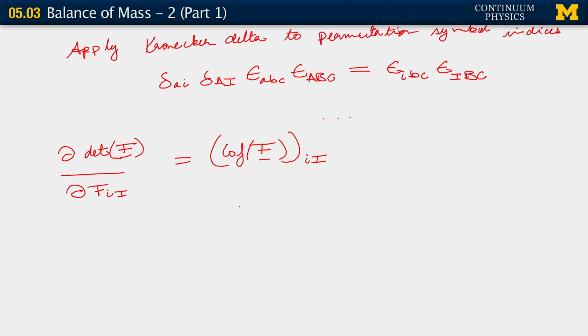Do you recall what the cofactor matrix is? It is involved in the calculation of the determinant, unsurprisingly. It turns out that the cofactor matrix of F is the following sort of thing.